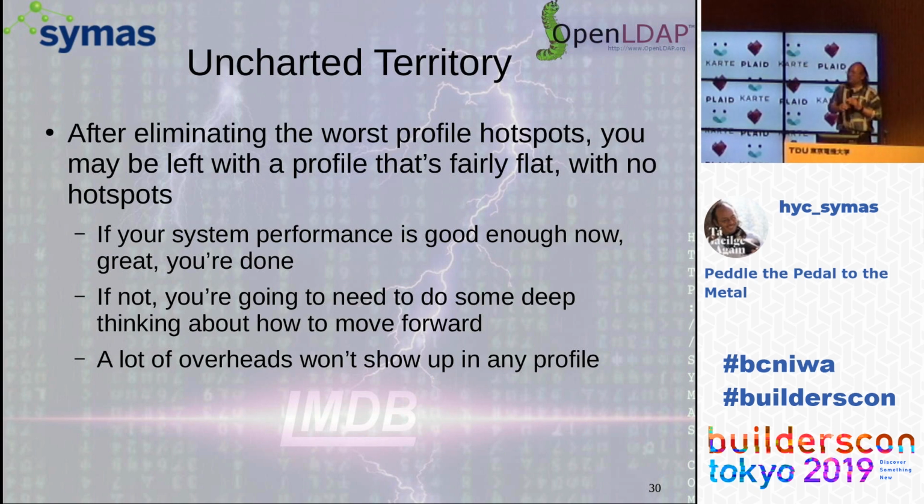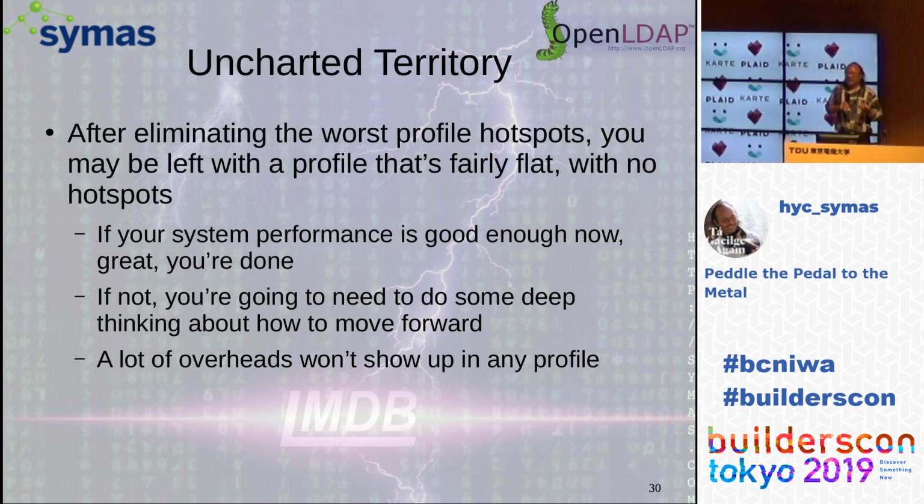All right, so after you've done the obvious things, the string handling and the memory handling in OpenLDAP, that got us at least 60 times faster. After you get to that point, you may find that there are no obvious peaks in your call graph anymore.